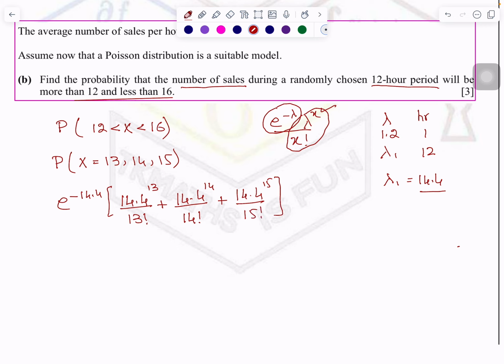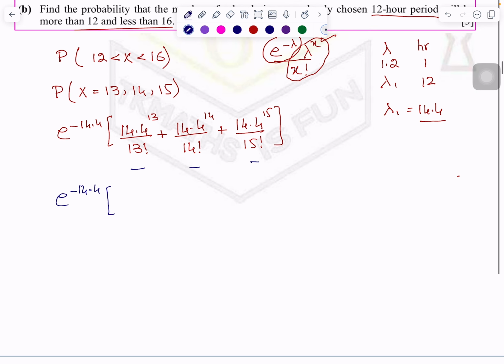Right. Now after that, I would prefer you do not do it in one go. Write down separately the answer of these values from the calculator, because these are big values, and with division and power, everything is there, so a mistake can happen. So avoid that.